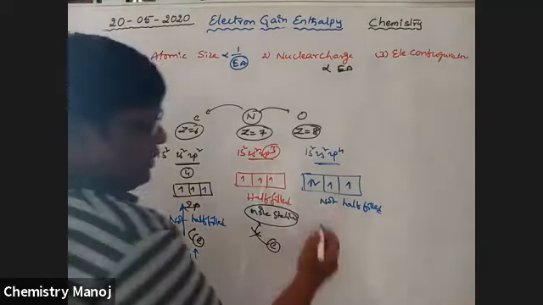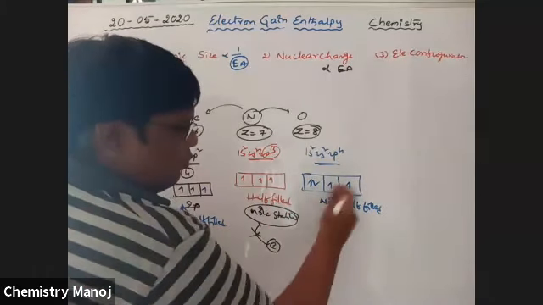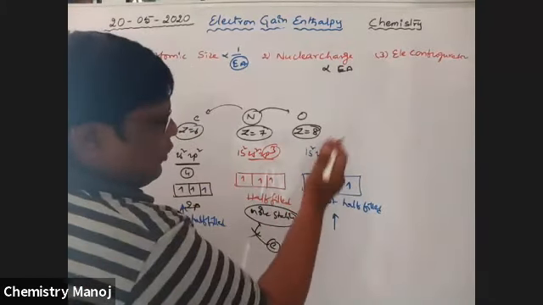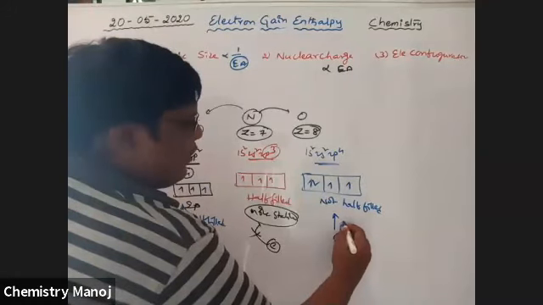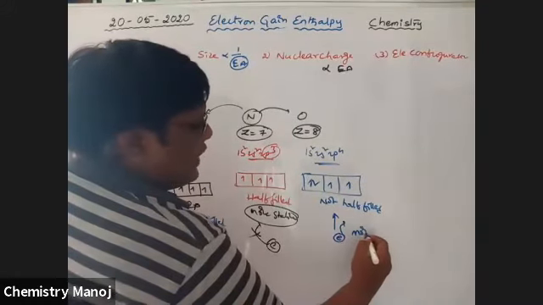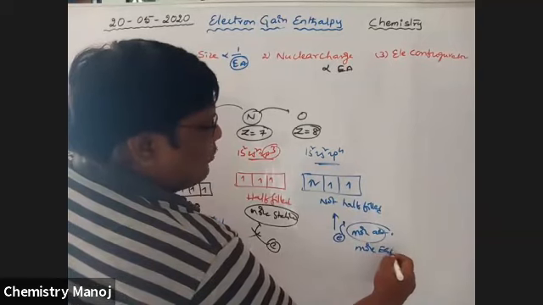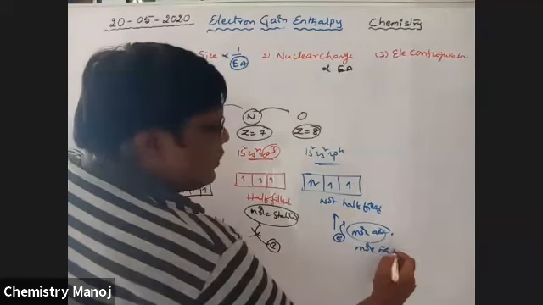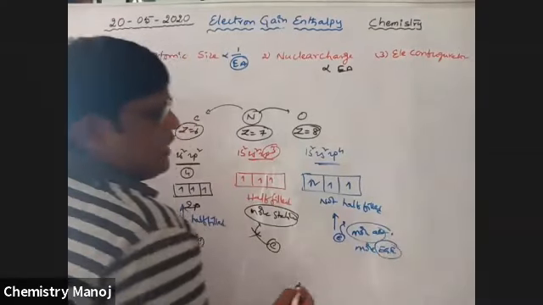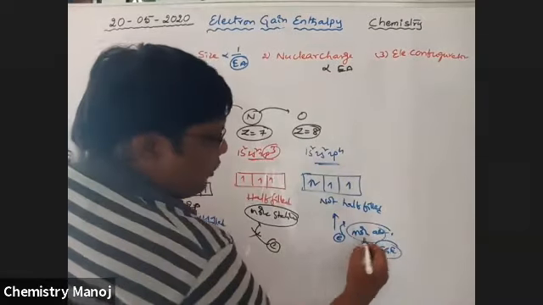Okay. But for oxygen, there is more nuclear charge, because the more the number of protons, the more the nuclear charge. If an electron is added here, more attraction is there, so more electron gain enthalpy is possible because of more nuclear charge.